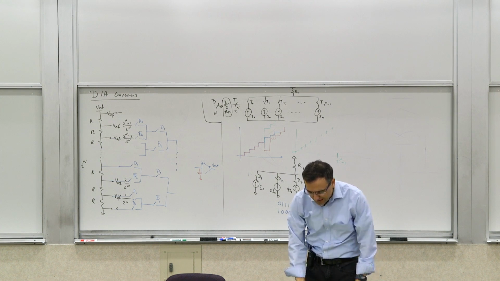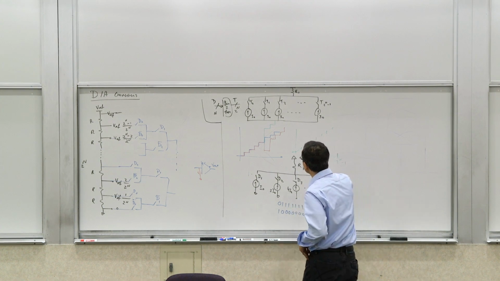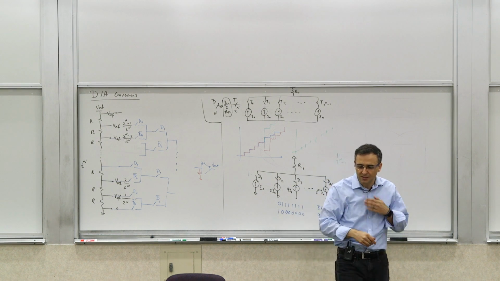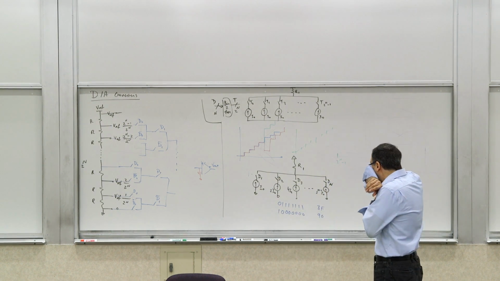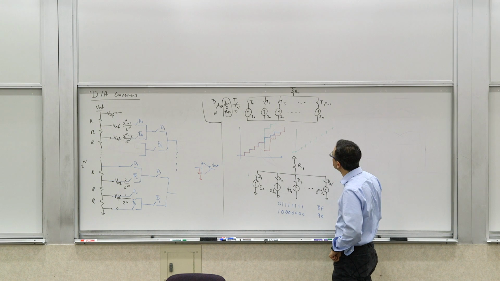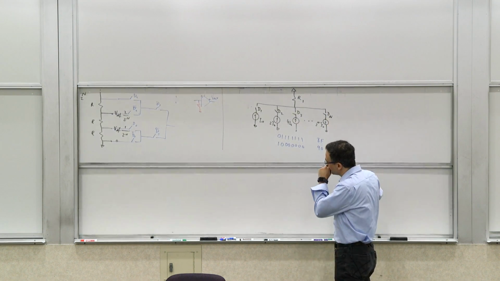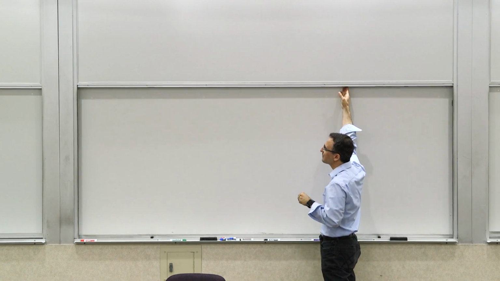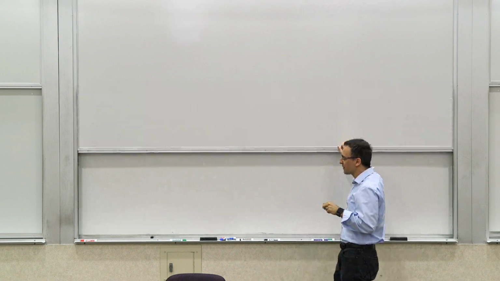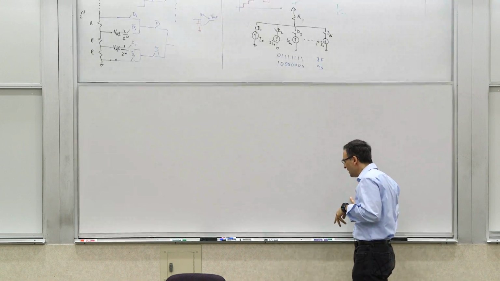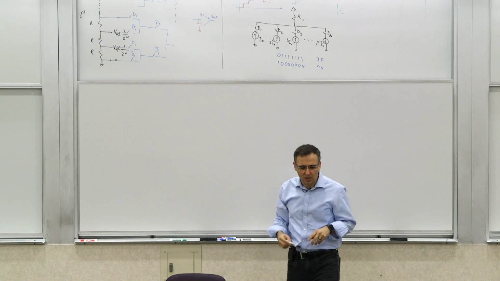So how do we make these current branches? How do we make these, let's say, scaled current branches or even non-scaled current branches? Excuse me. How do we do that? So let's talk about some of the implementation. I mean, we've talked about this in a different context before, more or less. But let's talk about them again in this context.